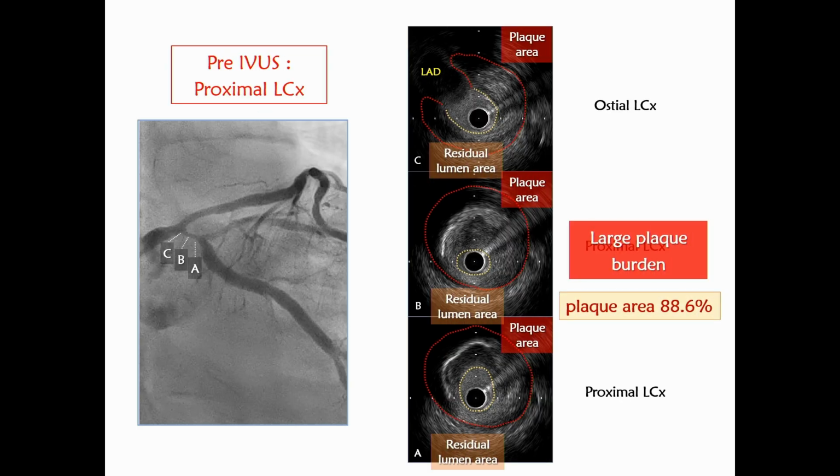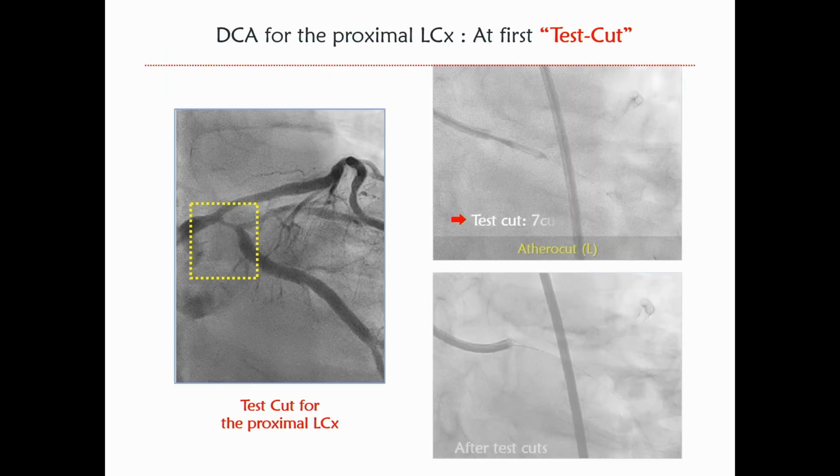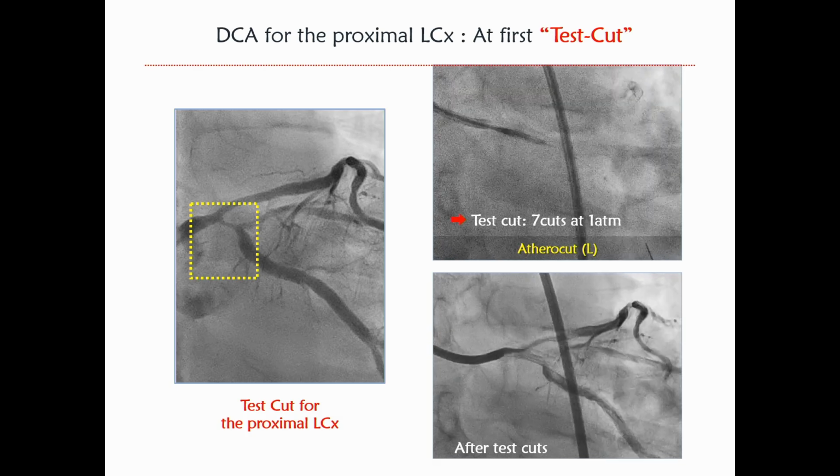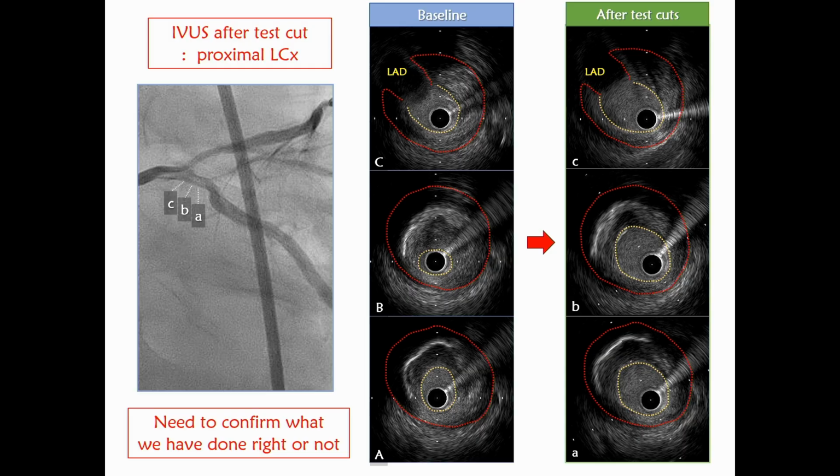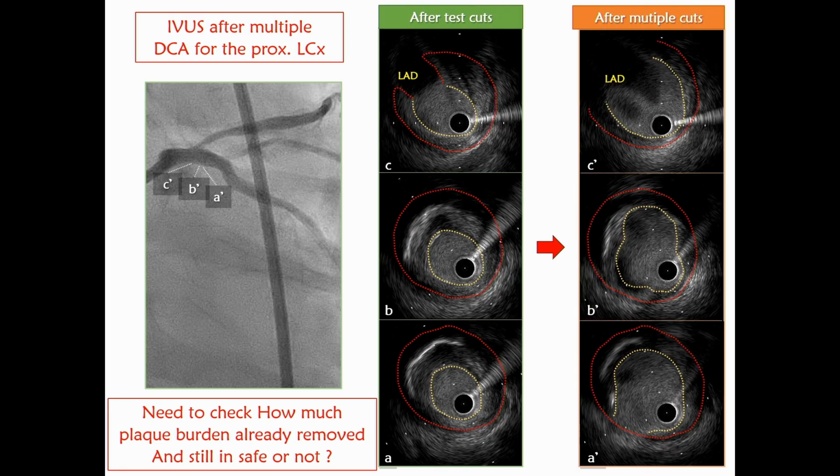If you look at the IVUS, actually, you can see the large plaque burden, no obvious calcium. In this kind of case, using DCA, this is just a test cut. And then to confirm whether what we have done is right or not, we check the direction, and then do further cutting.